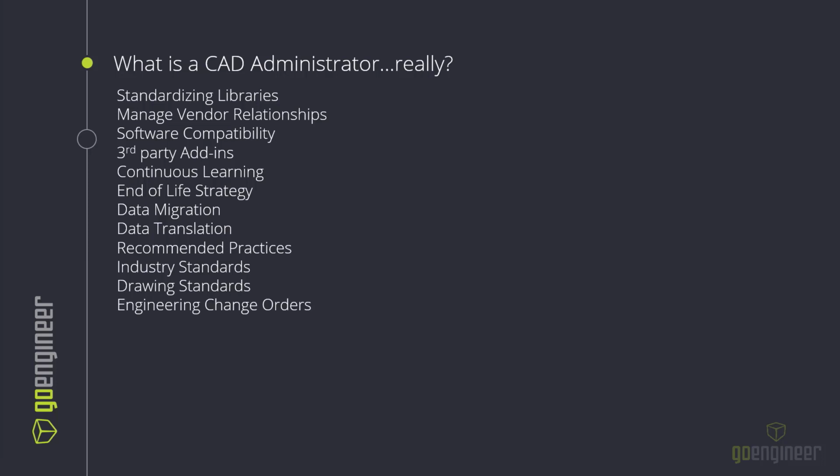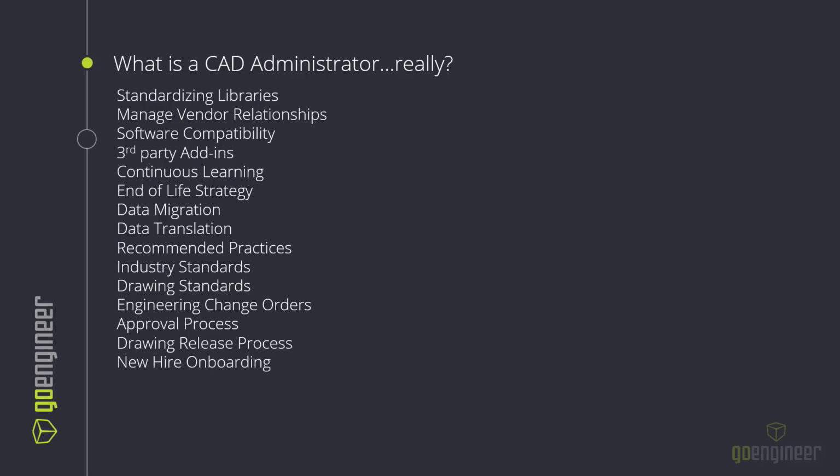Engineering change orders. You probably are involved with figuring out what the best process is to make an engineering change. Approval process. Drawing release process. So what does that look like?